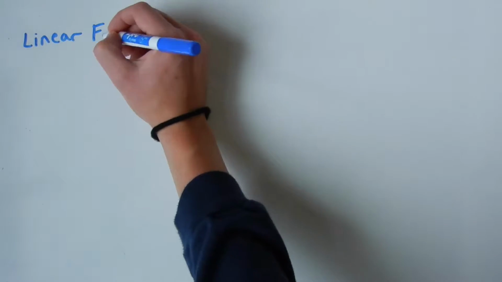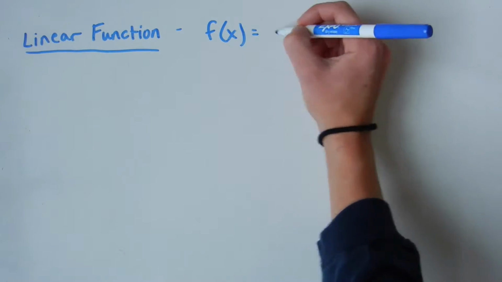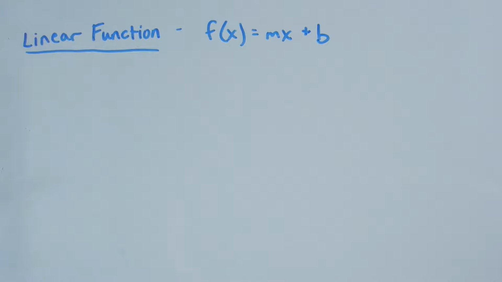In this video, we are going to go over slope-intercept form, and we're going to see how that applies to a linear function. So a linear function is in the form of f of x equals m times x plus b.